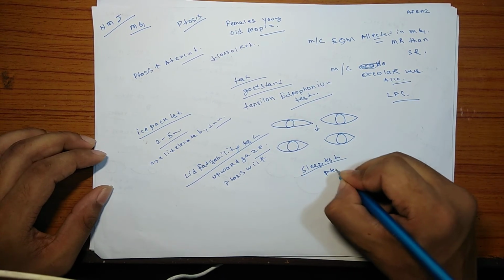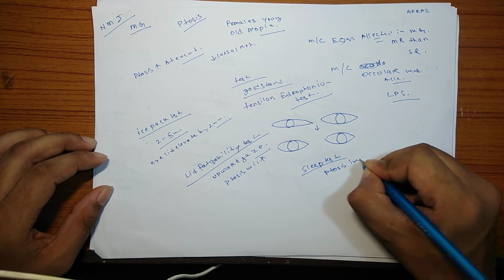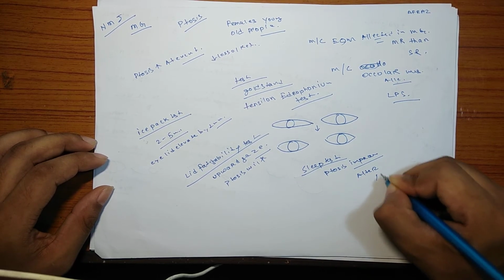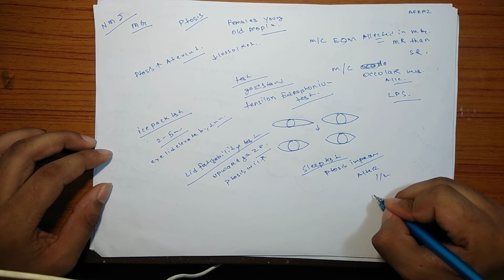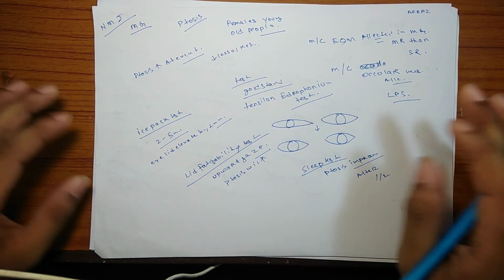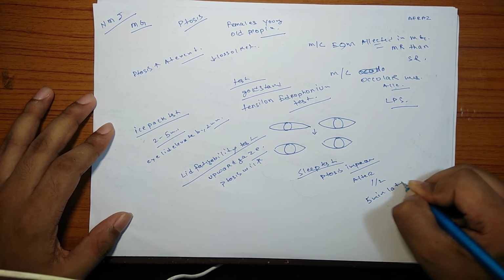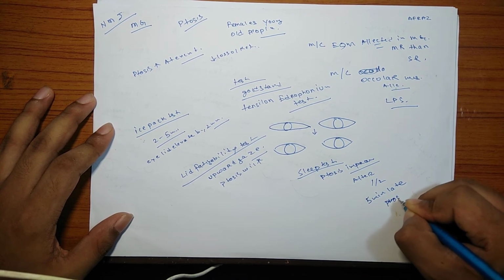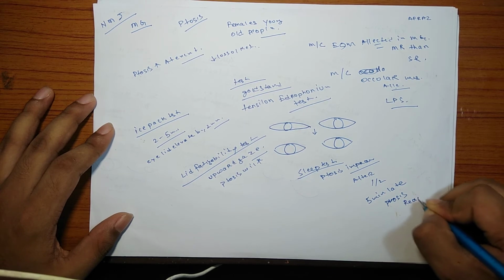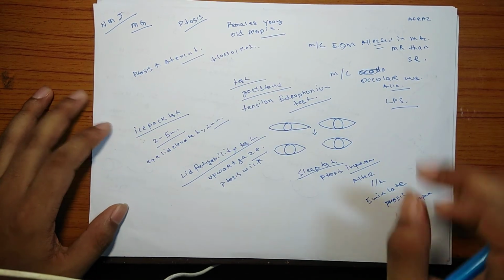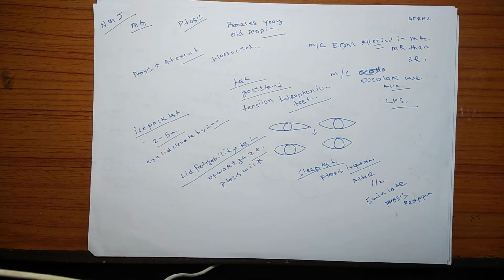The ptosis improves after sleeping for around half an hour, and the ptosis will be almost gone, and then about 5 minutes later the ptosis reappears. So these are the tests: sleep test, lid fatigue test, ice pack test, but the gold standard is the tensilon test.